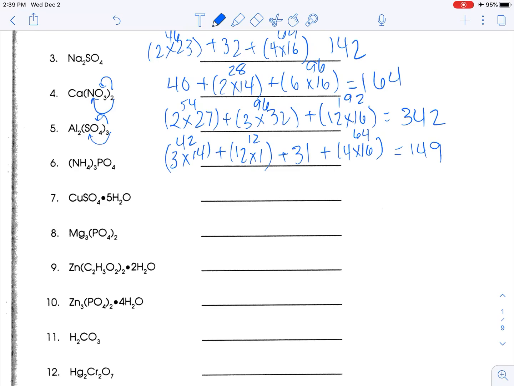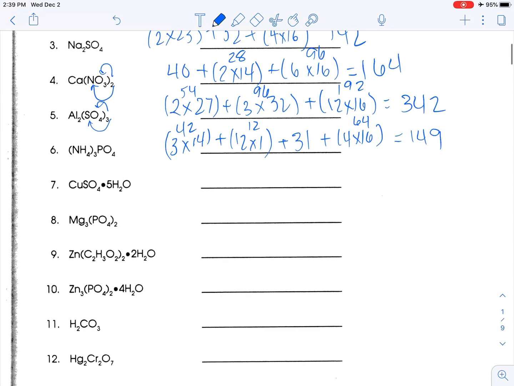I decided to hydrate because we're talking about hydrates in number 7. So the first thing is we have copper. That is a mass of 64. Plus a mass of sulfur, which is 32. Plus a mass of 16 times 4, which we're learning. We see a lot of those 4s. So it's going to be 64. Plus, now, there are a couple ways to do this.